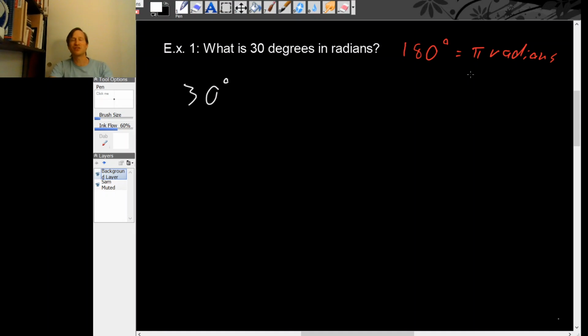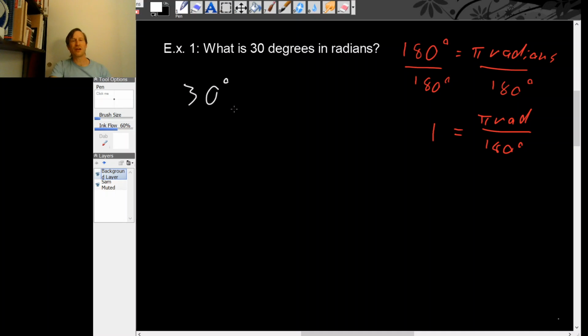Now how I like to use conversion factors is I like to rearrange them to make one side of this equation equal to 1. You'll see why in a second. Since we want to get rid of degrees and produce radians, let's divide both sides of this by 180 degrees. We find that 1 is equal to pi radians over 180 degrees.